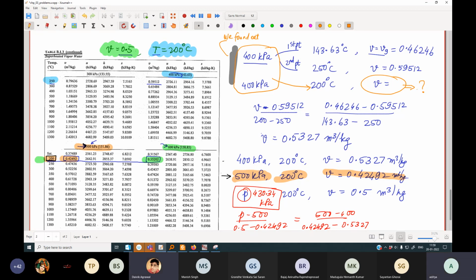And how did we find that out? By interpolation. It cannot be any two values, for example, between 250 and 300. That would be extrapolation. In order to do interpolation, we have to go between 250 degrees Celsius and the only other entry in the book, which is the saturation vapor point at 400 kilopascal.